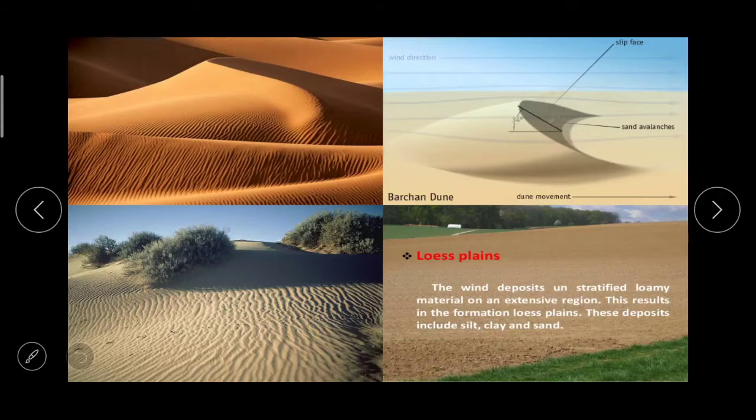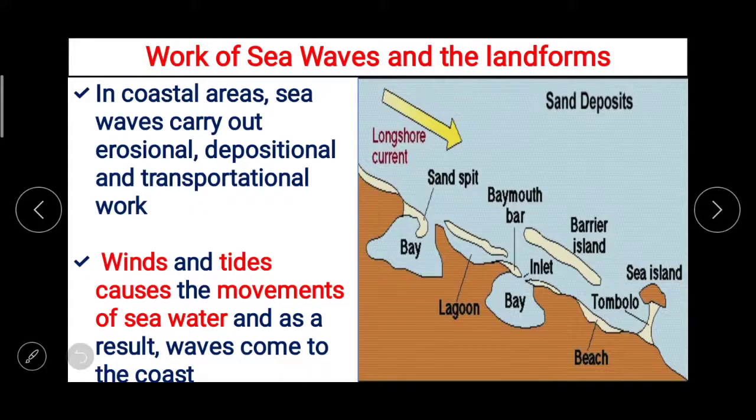The wind deposits unstratified loamy material on an extensive region. This results in the formation of loess plains, and these deposits include silt, clay and sand. Now the next one, work of sea waves and the landforms.